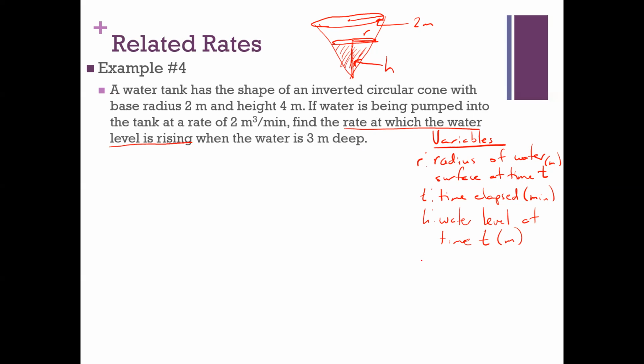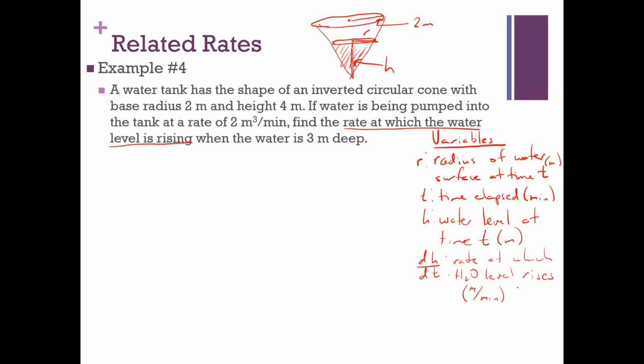What variable did we assign to the water level here? H. So it should be dh dt. This is the rate at which the water level is rising. And what's a good unit for that rate? Meters per minute?